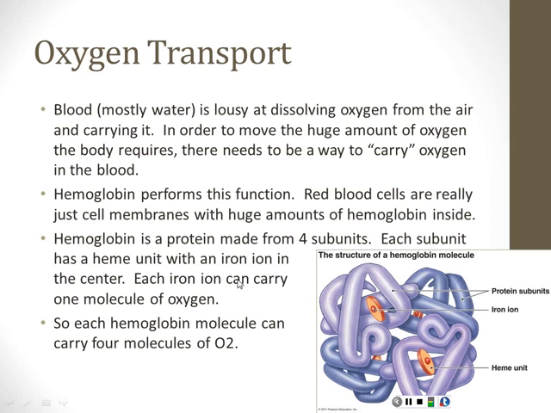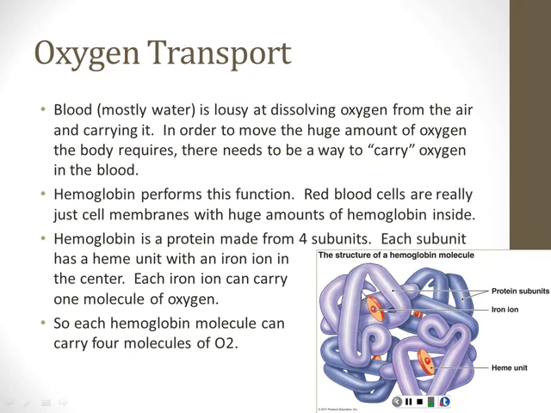So enter our friend hemoglobin, which we introduced when we talked about red blood cells. So hemoglobin's job is to carry oxygen from the lungs out to the tissues. And it does that using an iron ion in a heme ring, like we talked about in the last unit. And each one of these heme with their iron can hold on to one O2 molecule.